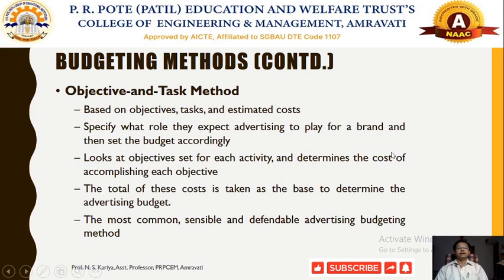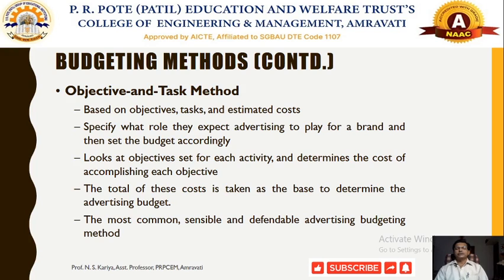The second budgeting method of advertising is called the objective and task method. Now in this method, first of all we list the objectives behind the advertisement and whatever tasks are associated with the advertisement. With respect to each and every task, we need to identify the estimated cost of that related task with respect to advertisement, and finally we calculate the total advertising budget, specifying what role we expect advertising to play for a brand, and then set the budget accordingly.